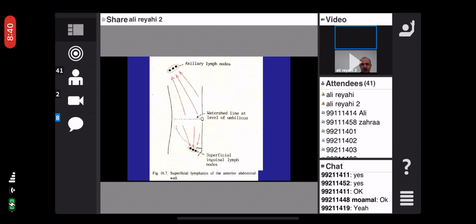And you can see in this picture the drainage of the lymph. This is the umbilicus, and above the umbilicus the lymph drains to the axillary lymph nodes, pectoral group, and below the umbilicus the lymph drains to the superficial inguinal nodes under the inguinal ligament.